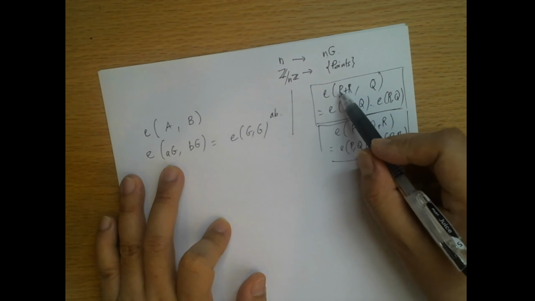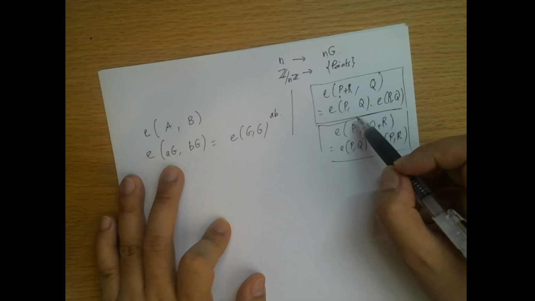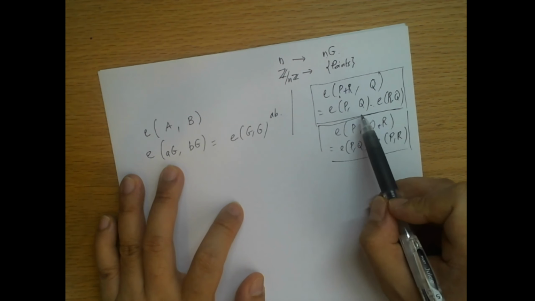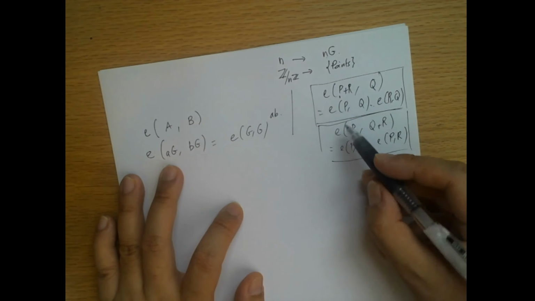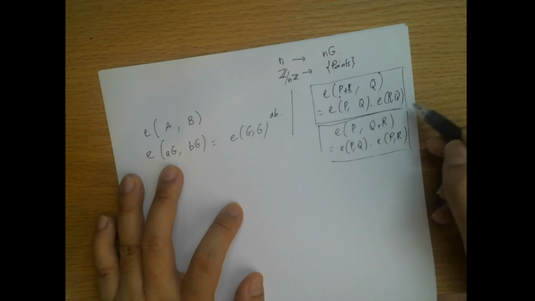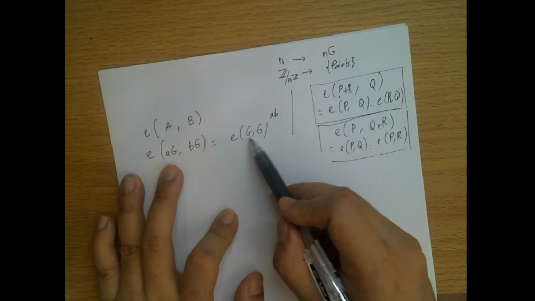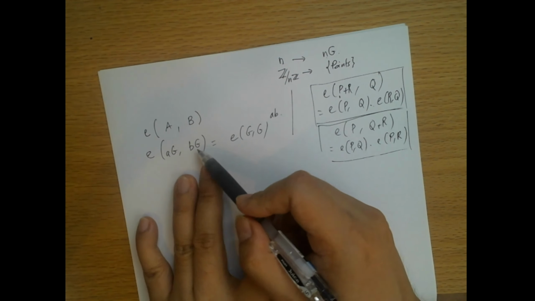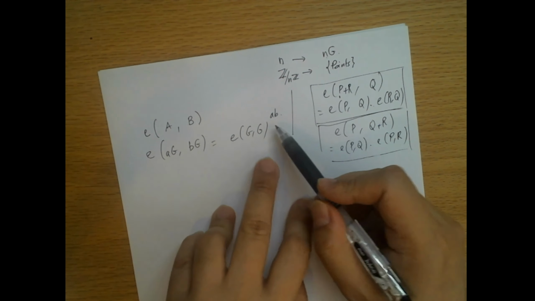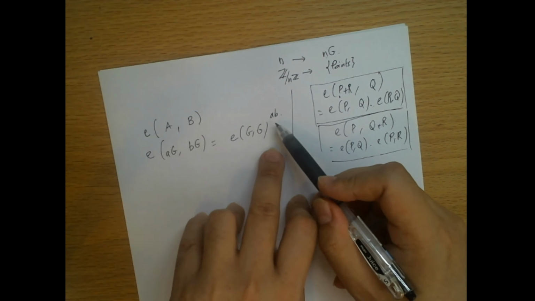So you have a sum of G, A times, and then if you use this equality, you will end up multiplying GG, A times, so it's the same as GG to the power A, and then you do the same on the other side, and then it's the whole thing to the power B, so then it's G to the power A times B.